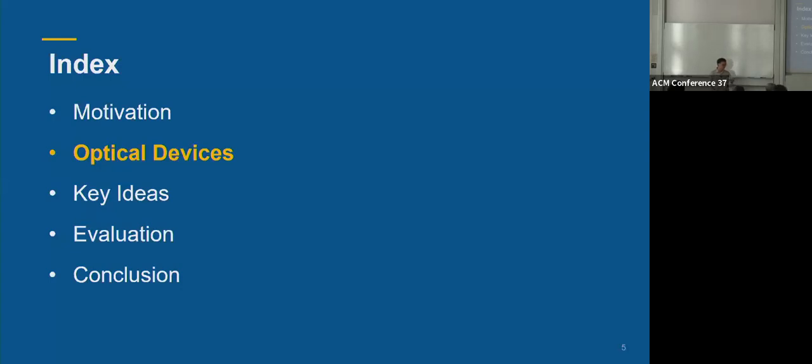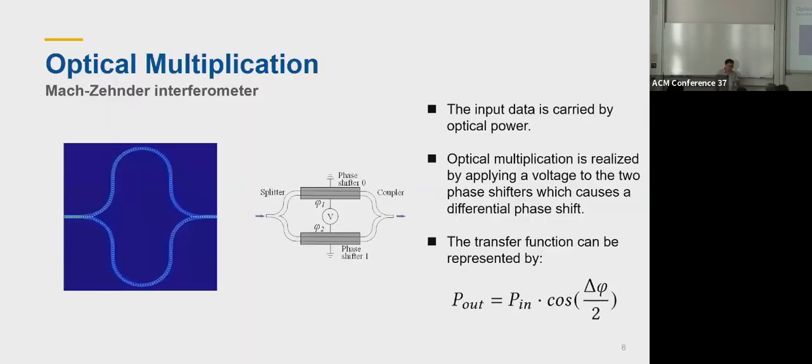And let's go to the optical devices. We use a Mach-Zehnder interferometer to perform matrix multiplication through interference.